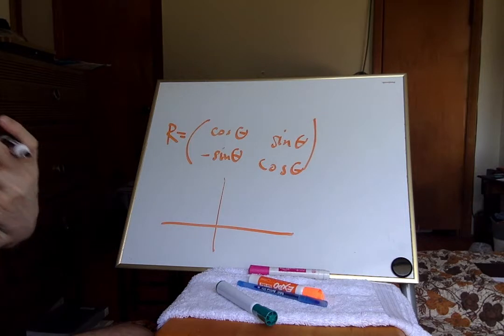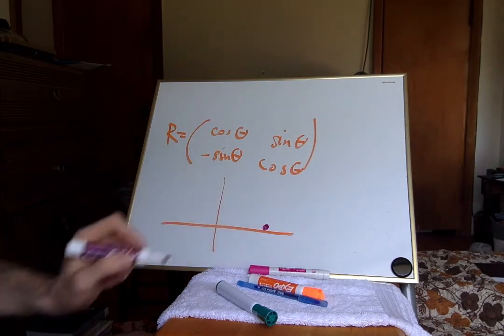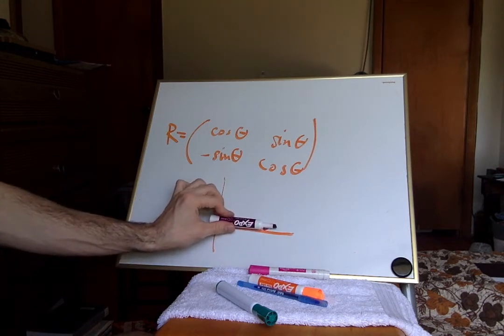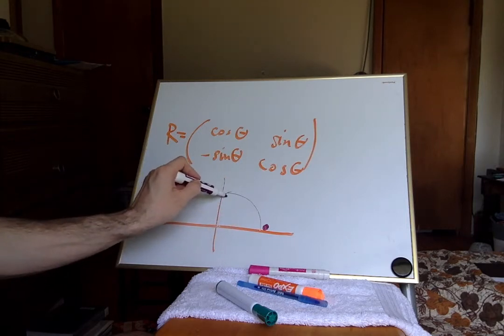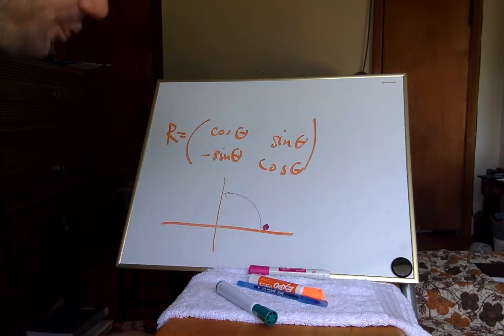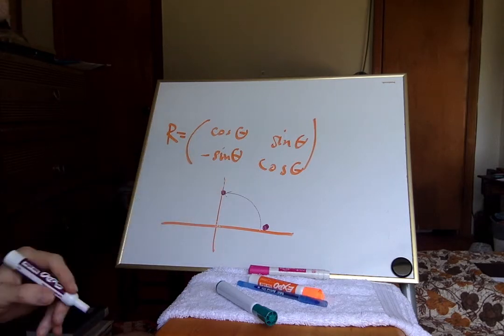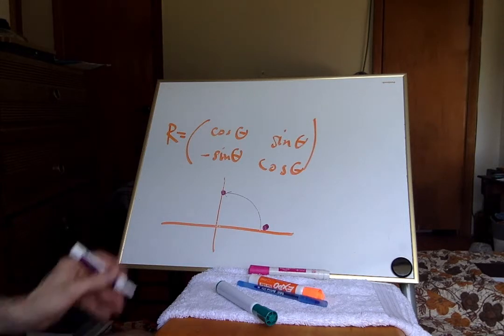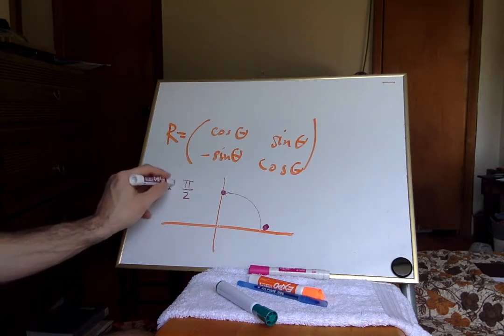In discussing these concepts, for example, if I have a point right here and I want to rotate it by, say, 90 degrees so that it goes here, rather than saying rotate by 90 degrees, I say rotate by pi over 2 radians.